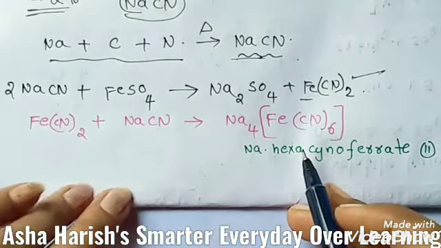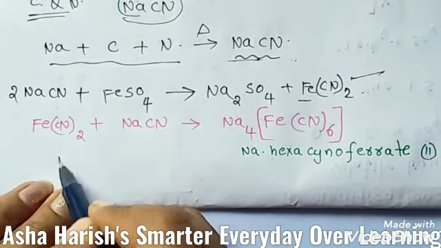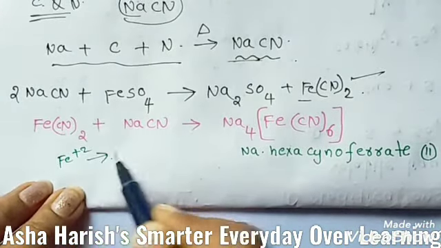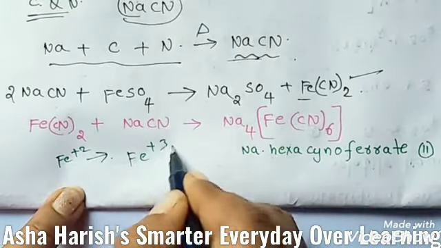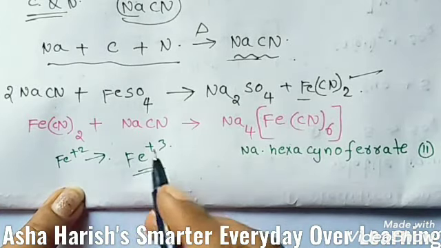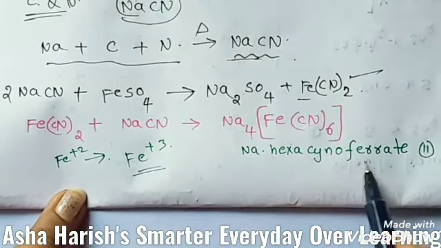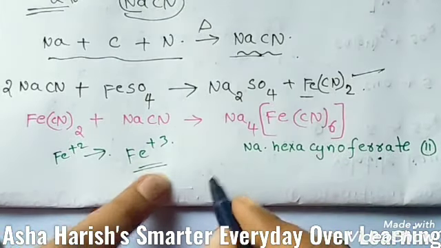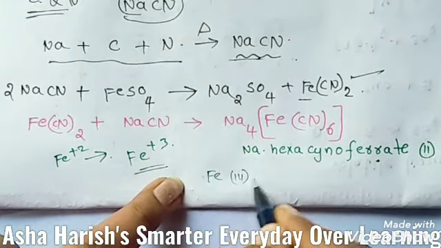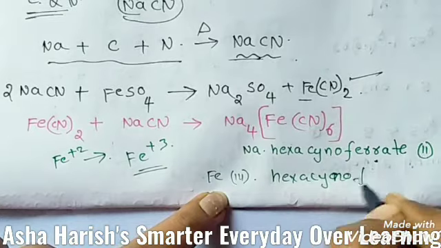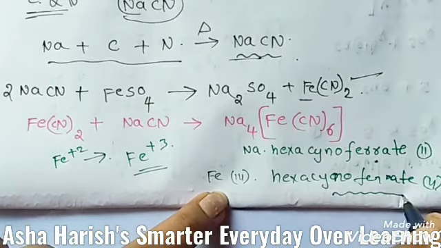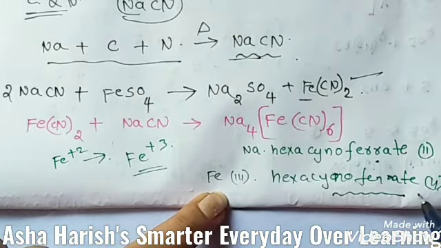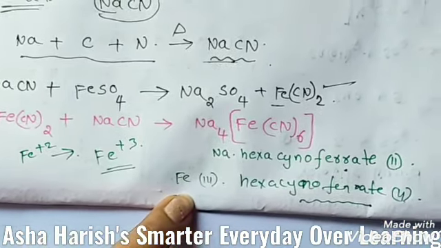At the same time, some ferrous ions, Fe2+, are oxidized to ferric ions, Fe3+, and these Fe3+ ions then react with sodium hexacyanoferrate(II) to produce iron(III) hexacyanoferrate(II), or ferric ferrocyanide, which is Prussian blue in color.